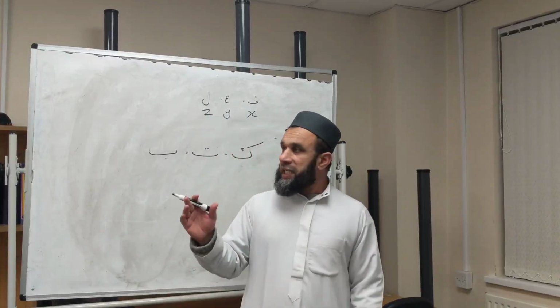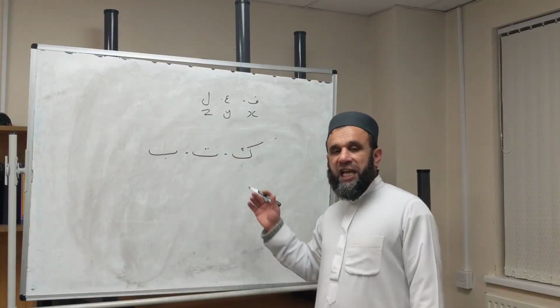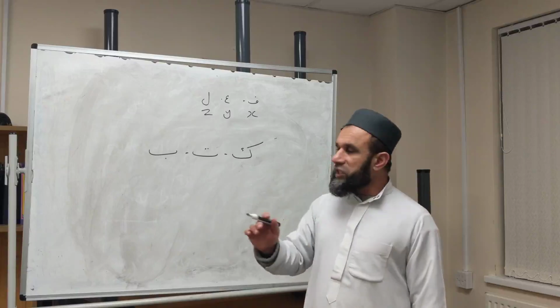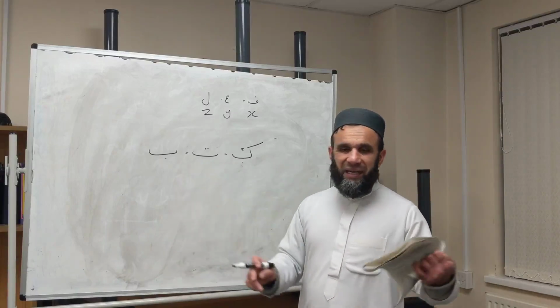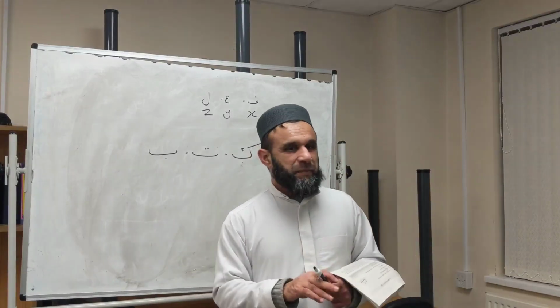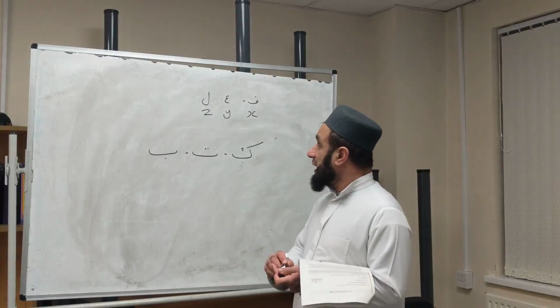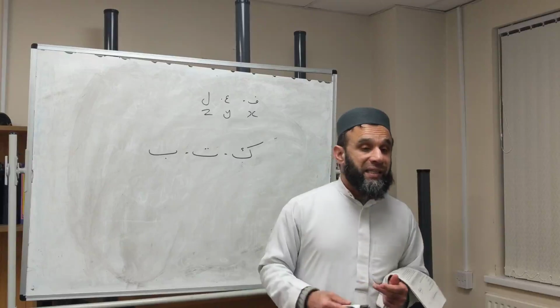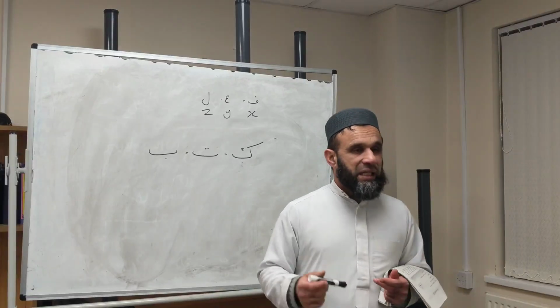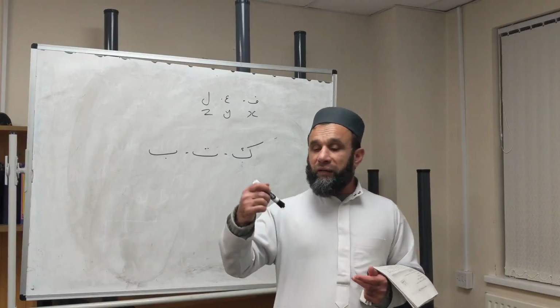So you can see that although these are different shapes, in every single shape, kaf, ta, ba remains intact, right? So this is your, if you like, the mada or the root letters that remain in every form of a derived word.